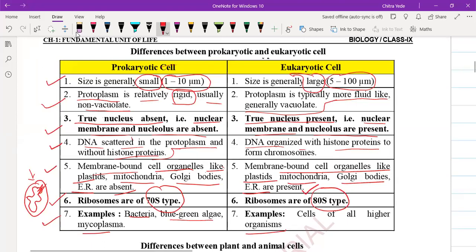Okay. Yeah. So should I read the 6th one?